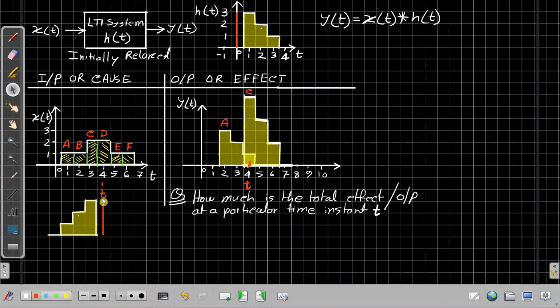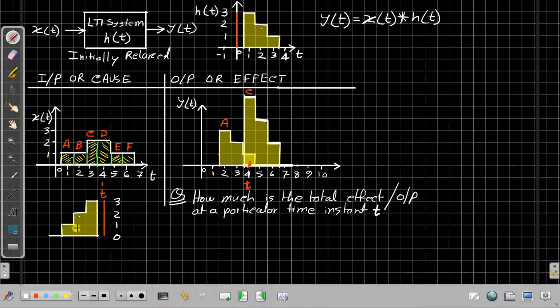So if I want to know the total effect at time t, I will put this red marker directly below this, and this red marker is actually originally this origin t equal to 0 of the impulse response. After this, let me put the values. This is 3, 2, 1 and 0.